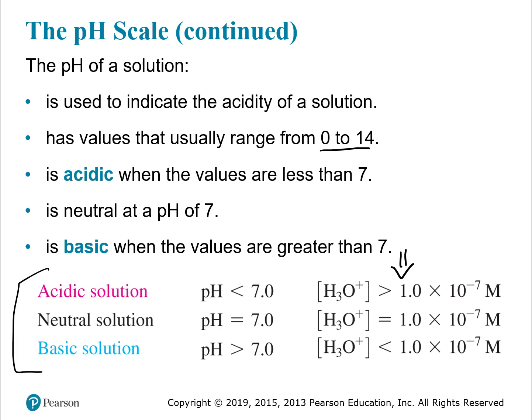For an acidic solution, you're going to have a hydronium concentration that's greater than 1.0 times 10 to the minus 7 molar. pH 7, that's neutral, it's going to be equal to 1 times 10 to the minus 7. And for a basic solution, that hydronium concentration will be less than 1 times 10 to the minus 7 molar. Again, make sure you understand that.